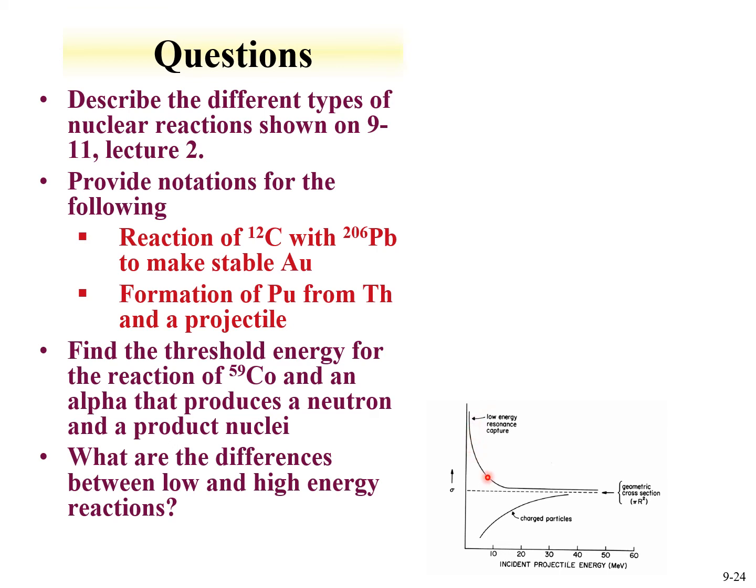The slower neutrons have a higher cross section, where for uranium-238 we only start seeing fission when a certain energy is increased above. With charged particles, we have to overcome the Coulomb barrier. So once that Coulomb barrier is overcome, we can start seeing reactions.